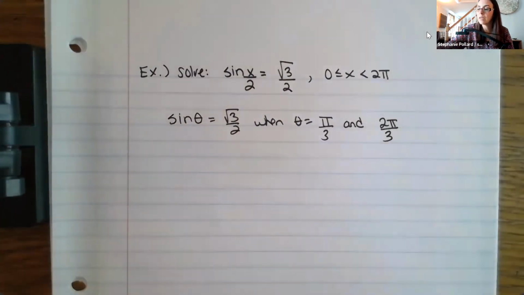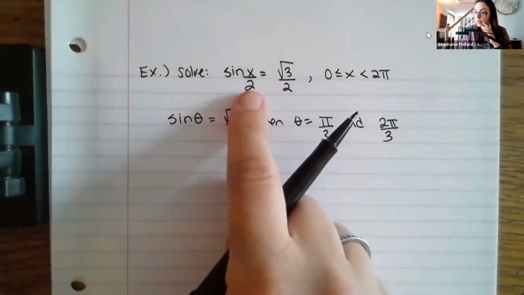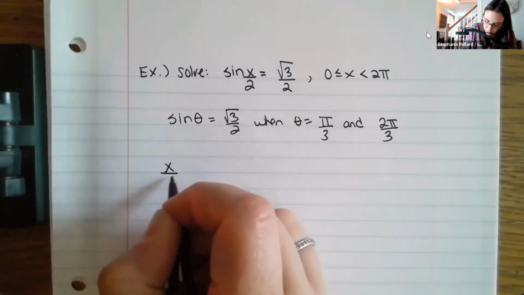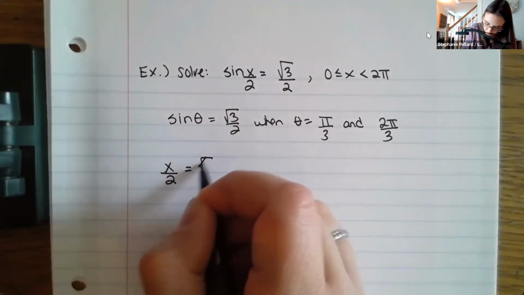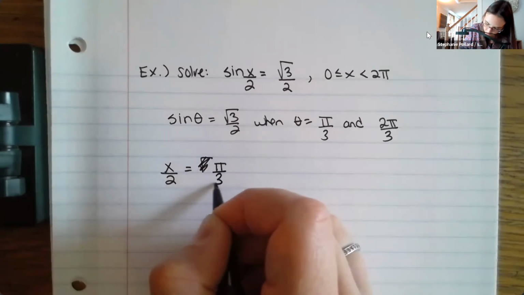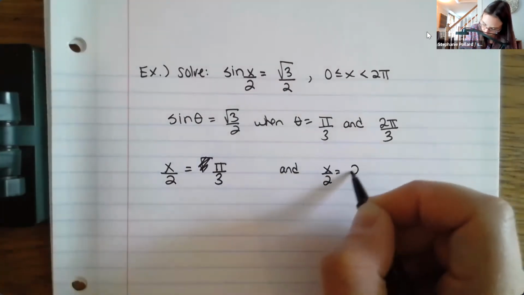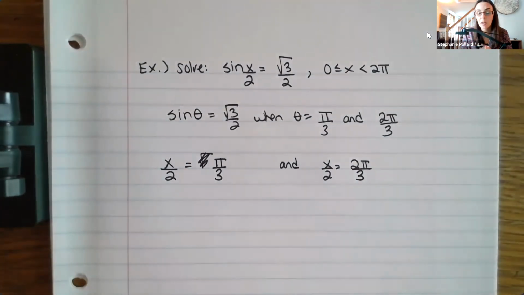But like with the last one, it's not just straightforward. I have a bit more work to do because it's sine of x over 2. So I have to go ahead and set that up. So I have 2 equations. And remember that we're periodic over a period of 2 pi here with sine.